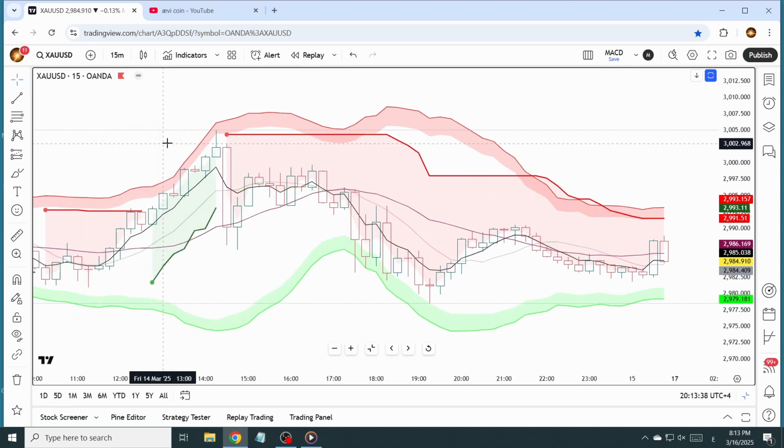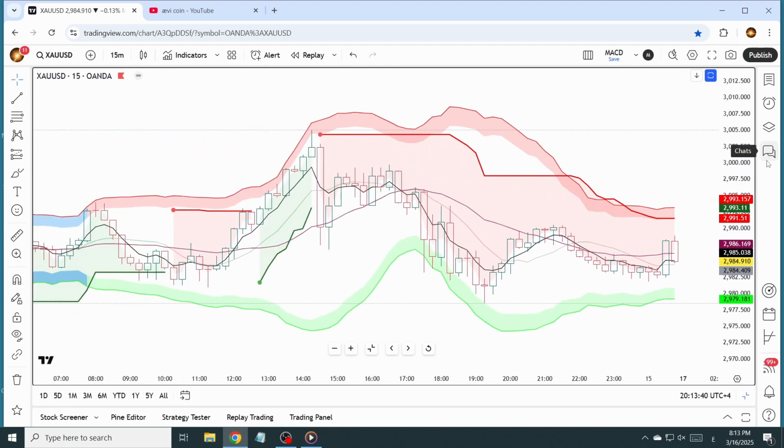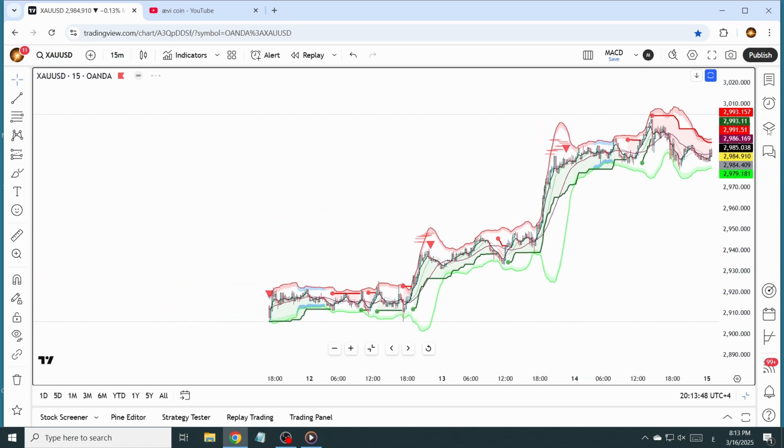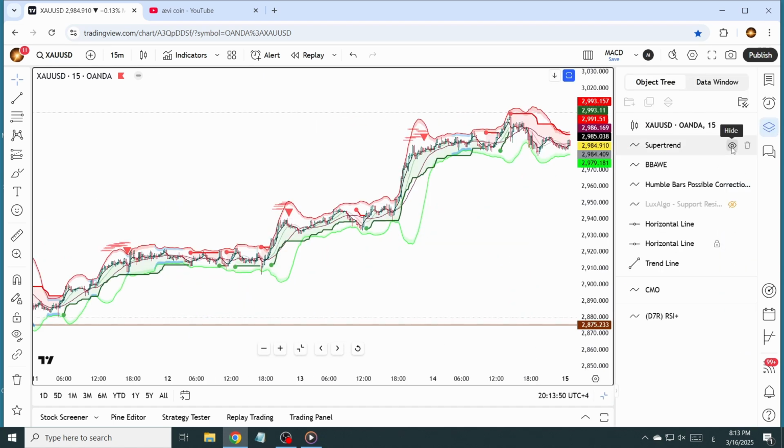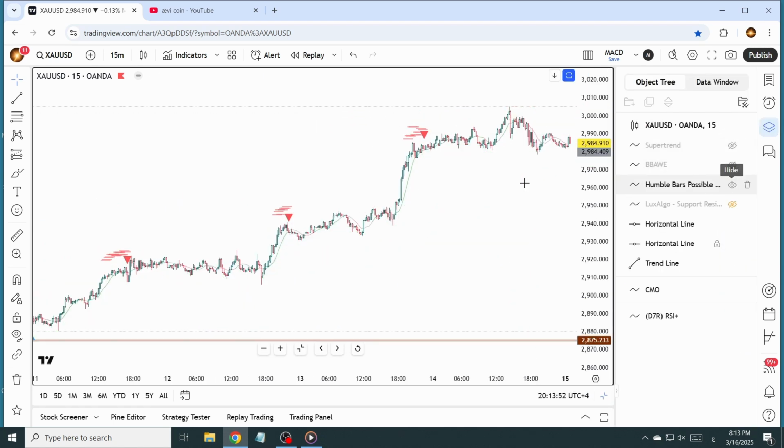Now, according to my chart, I have this indicator here that has given me 3 alerts. I usually ignore the first and second alert, but when the alert comes to the third one, I consider it.